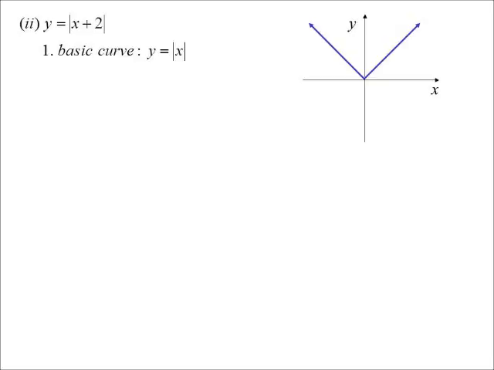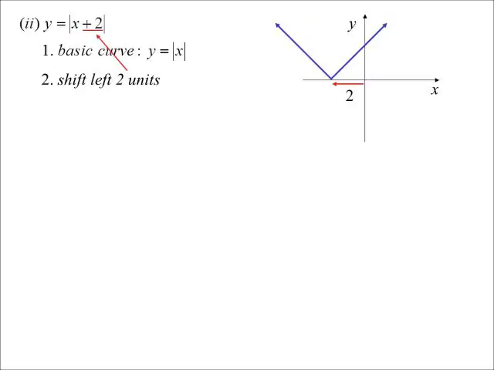Now, there's different ways I can think about this. I can say, look, I've got the basic curve of y equals the absolute value of x, but I'm going to shift it, because notice it's grouped, absolute value grouping symbols, it's grouped with the x, so I'm going to shift it horizontally 2 units. And then I get my graph.